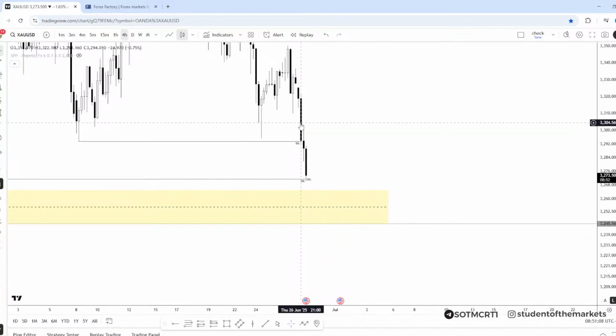Oh, this candle, this is the Asian range. So I was thinking to look for buys inside this candle, but as you can see, the London session closed below, the next candle pushed to the downside, then the 5 a.m. candle.